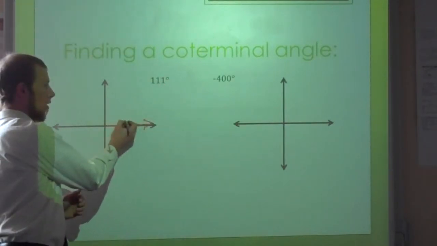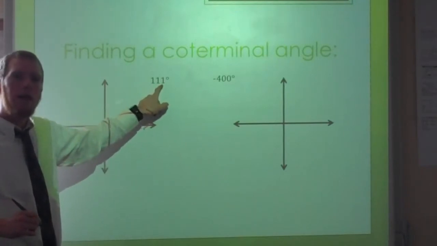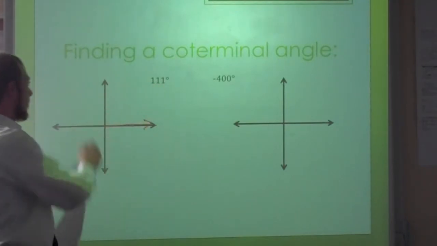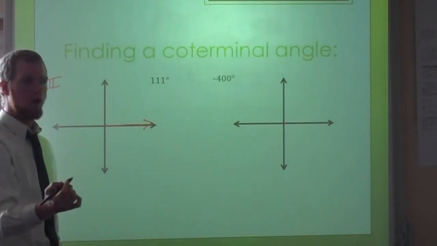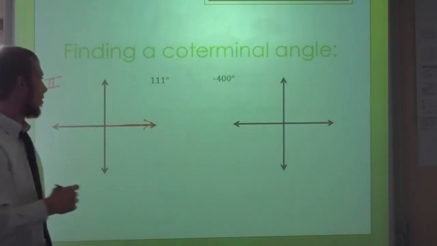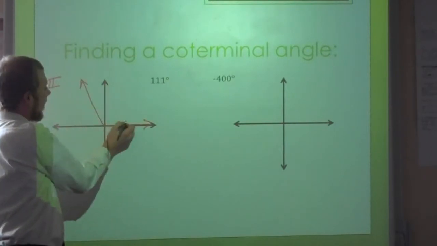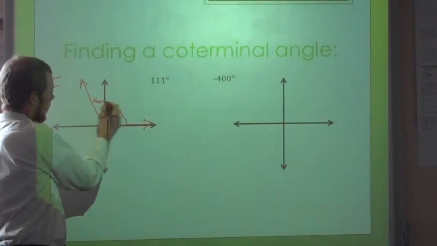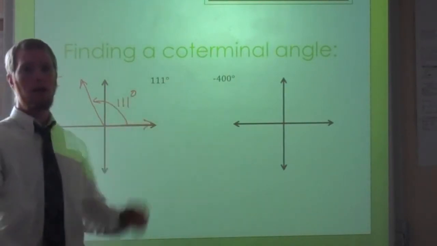It's positive, I know I'm going to go counterclockwise. It's bigger than 90, less than 180, so I know it must be in quadrant 2. It is 21 degrees greater than 90, so I know that this is here. It's 111 degrees. This is the first angle they gave you.